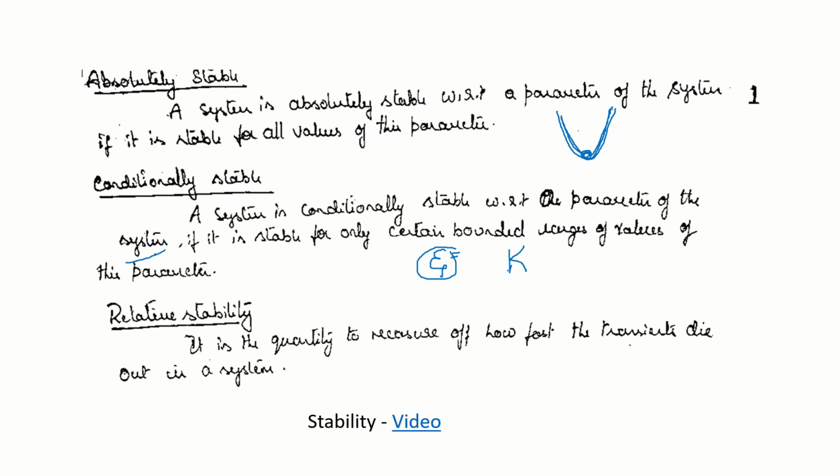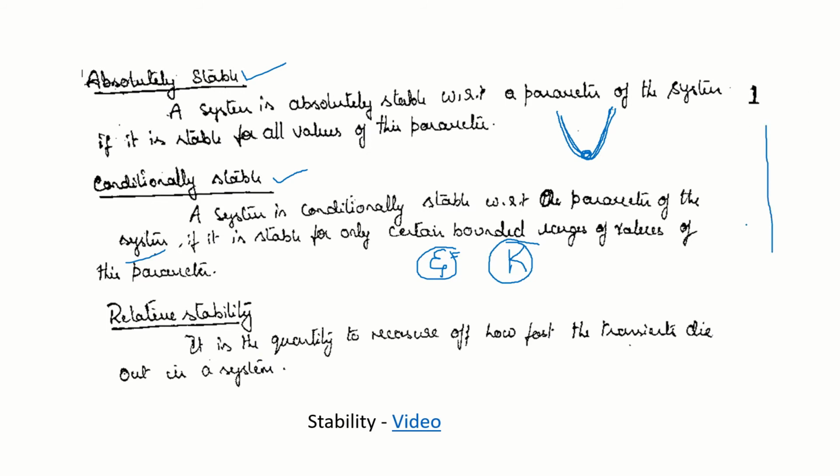For lower values of gain k the system may become unstable, and higher values of gain k may also become unstable. Such a system we call conditionally stable. Otherwise it is absolutely stable. Later I will discuss this in the root locus plot.